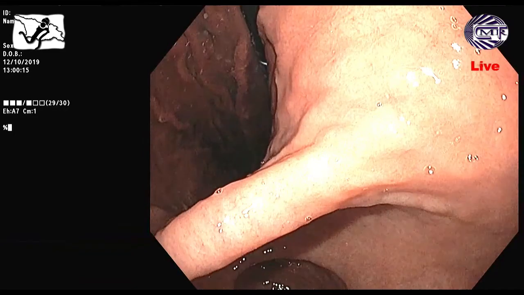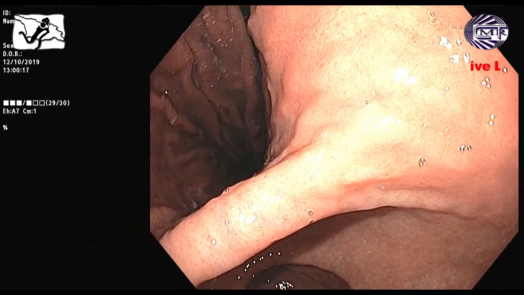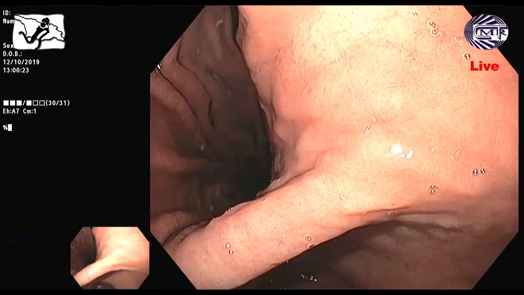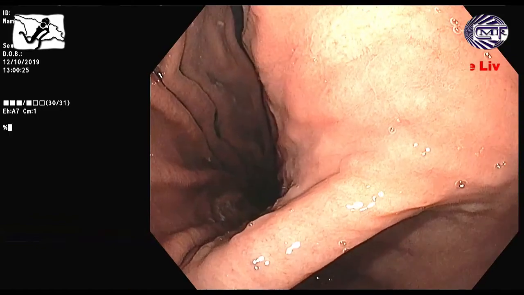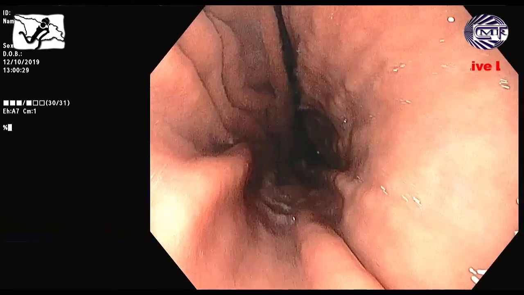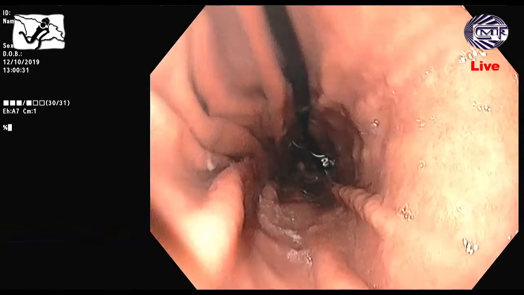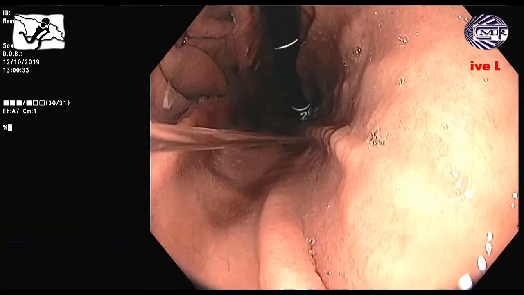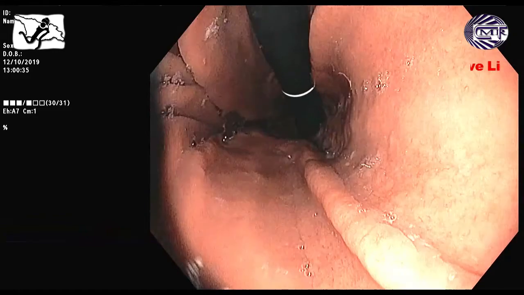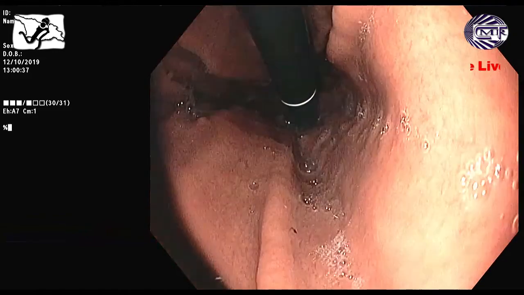Okay, the posterior side of angle right here. Our Korean patient had a lot of gastric cancer lesions like here. The posterior wall of angle and low body. Okay, with retroflexion, little bit pull back the lesser curvature side here. Clean up the mucus.